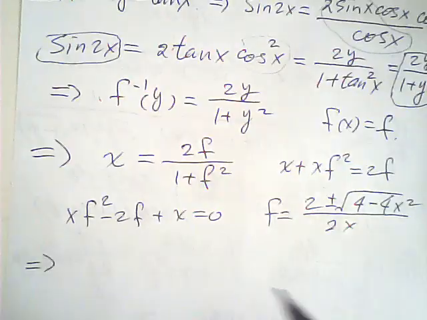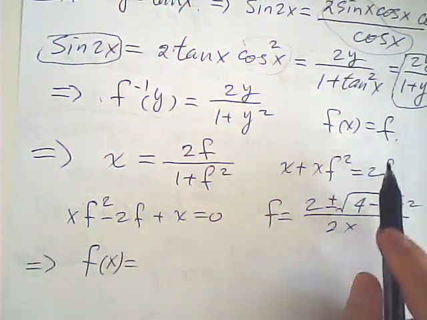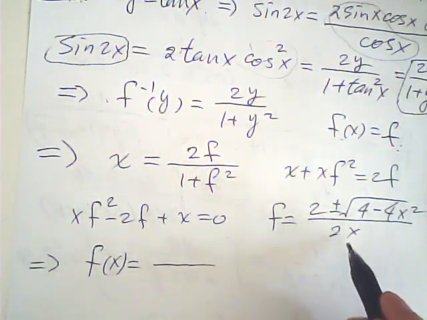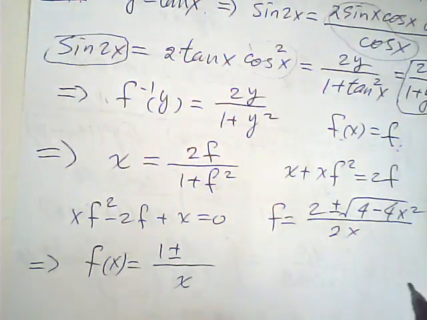So my f of x is 1 plus or minus the square root of 1 minus x squared over x, after the 2s cancel out.